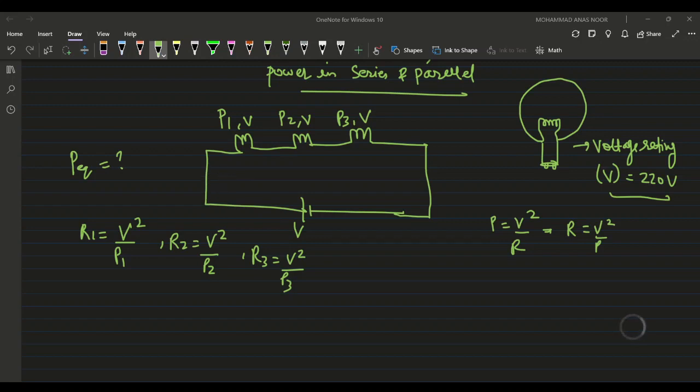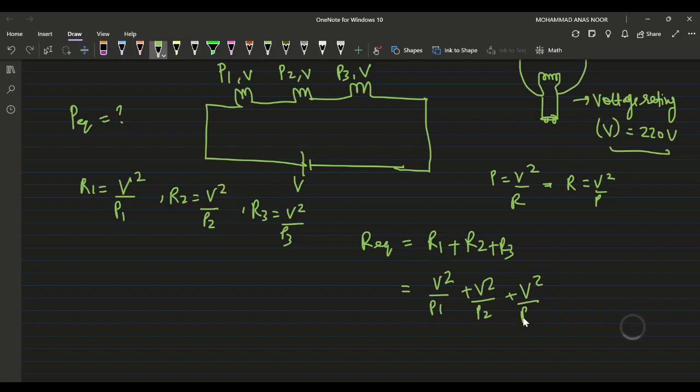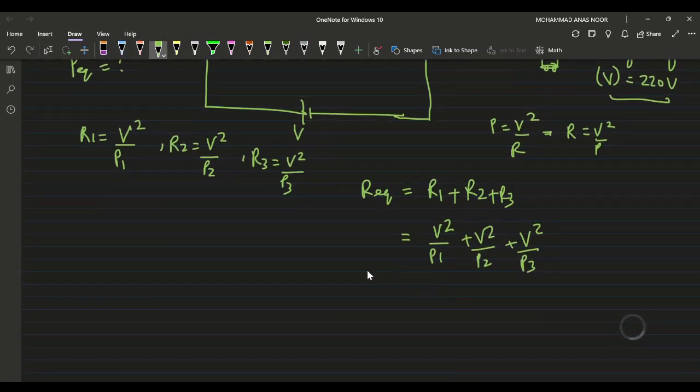Now if you want to find the effective combination, R equivalent would be R1 plus R2 plus R3. So let's calculate that. You will get V square by P1 plus V square by P2 plus V square by P3. This is the R equivalent, and this R equivalent is equal to V square times 1 by P1 plus 1 by P2 plus 1 by P3.